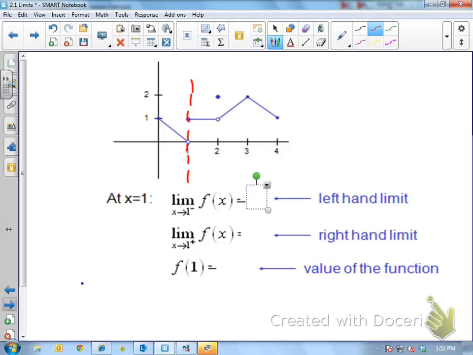Those are all x value of 1. We're trying to see what happens to the y value as we get close to that red line. So as I approach the red line from the left and I can only travel on my graph, what y value are we getting close to? 0. So my left-hand limit is 0.